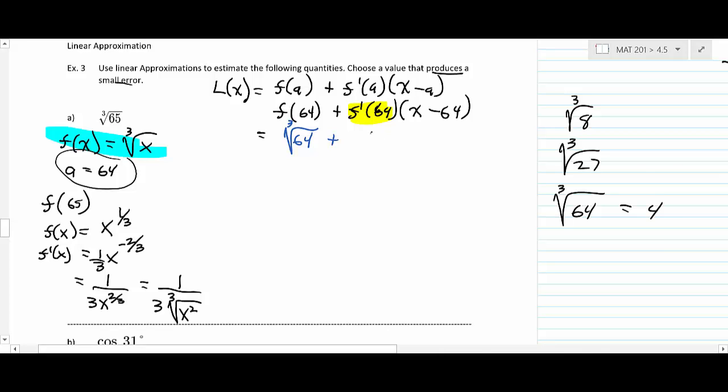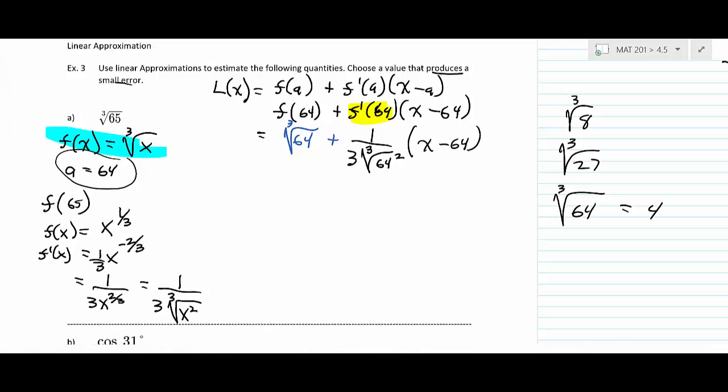We're going to have 1 over 3 times the cube root of, and a is 64, so 64 squared. You plug that 64 into your first derivative, and all that's doing is giving you the slope of the tangent line. Everybody with me so far?